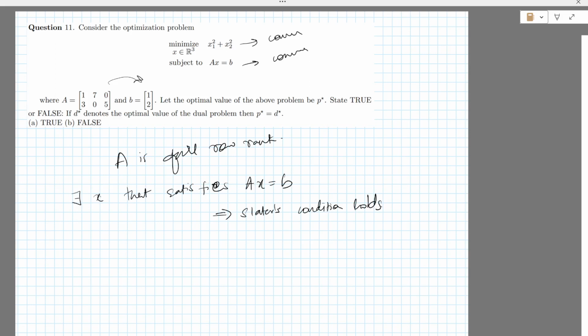So that implies that P star is equal to D star. So this is true. The problem is convex and Slater's condition holds, so P star is equal to D star.